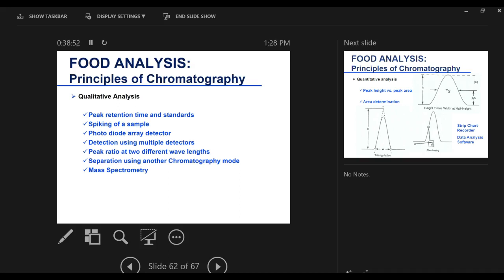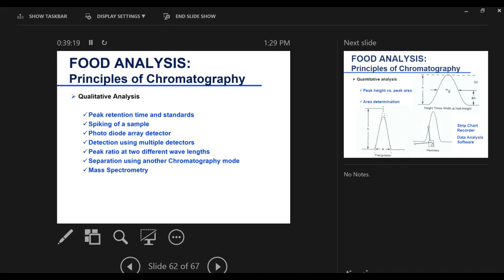The photodiode array detector, which I'll talk about in more detail when I start spectroscopy, but those of you that took HPLC, this is the detector that gives me a spectra or a scan, absorption over a range of wavelengths. It's like a fingerprint of your compound, since every compound absorbs light differently.